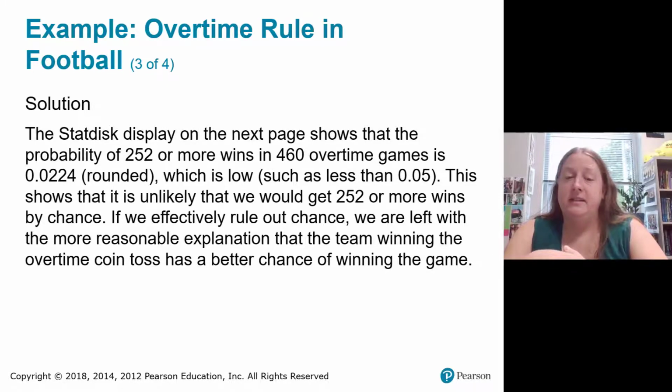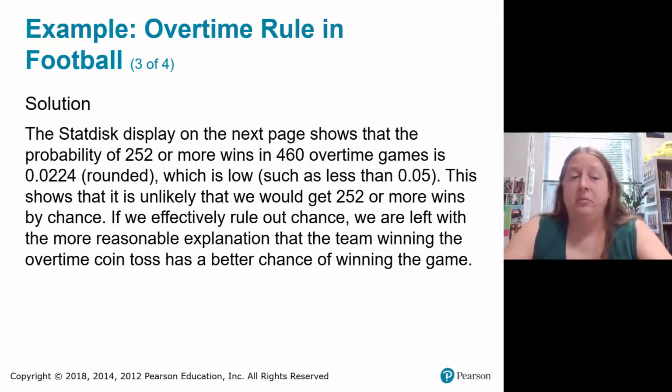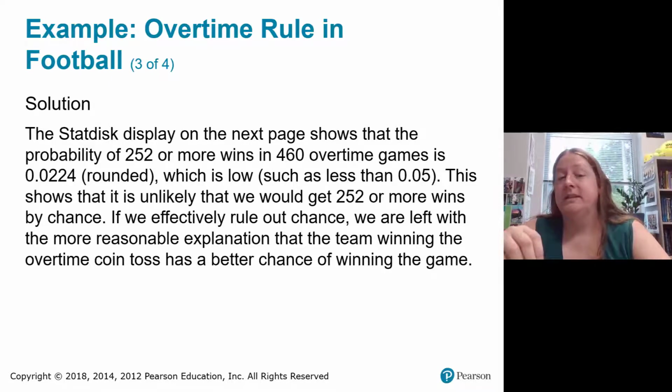So using StatDisk, we end up with finding that the probability of 252 or more wins in 460 overtime games is 0.0224. And we've rounded it to 3 significant digits there. So this is less than 0.05.